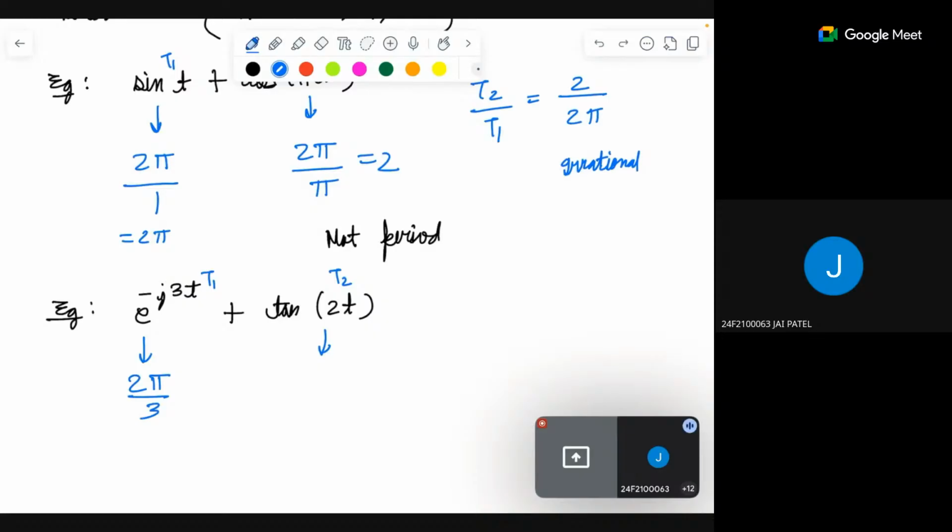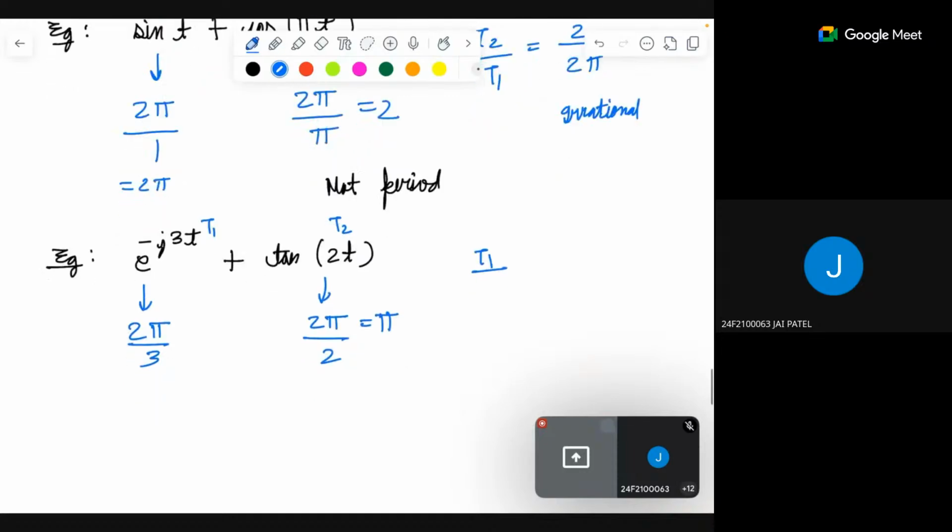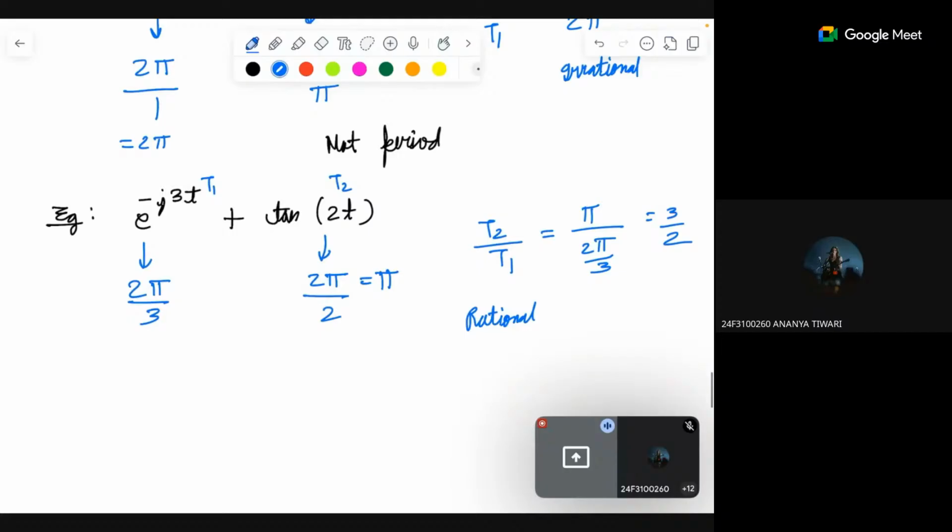It will be pi, 2 pi divided by 2. Now you can calculate either T1 by T2 or T2 by T1. Let us calculate T2 by T1. So pi divided by 2 pi by 3, we get 3 by 2. Is it rational? Yes, ma'am. Okay, now it is rational.